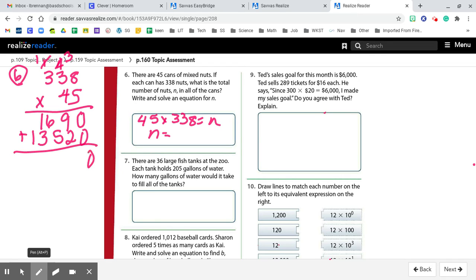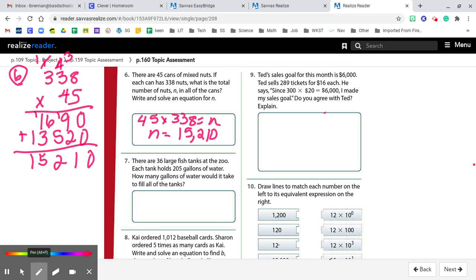Add them up, and we get the total of 15,210 is our answer.